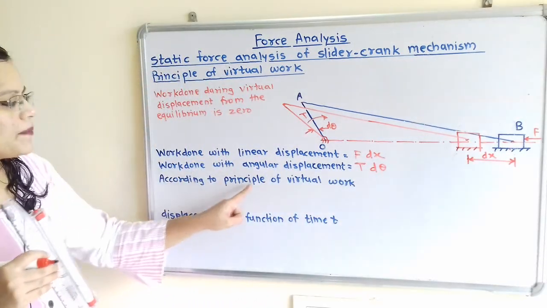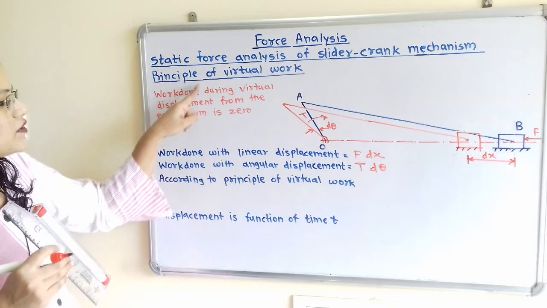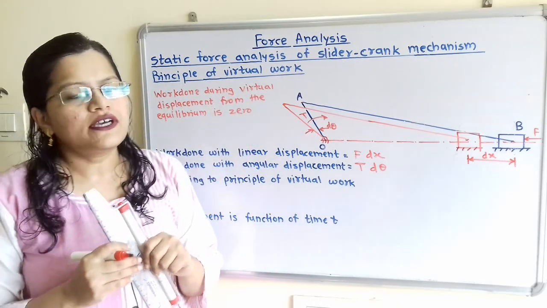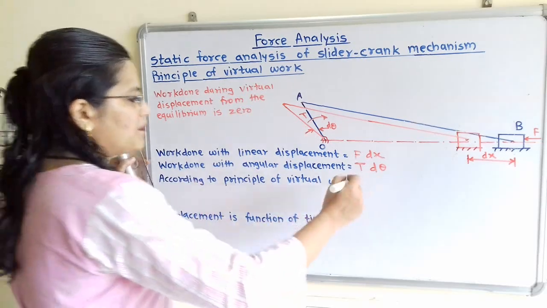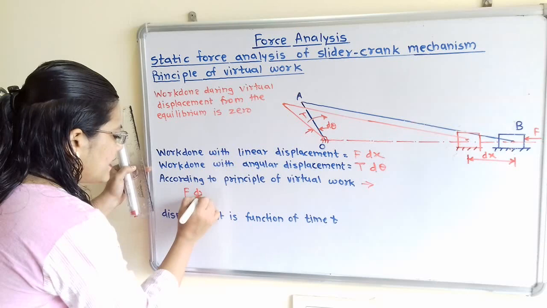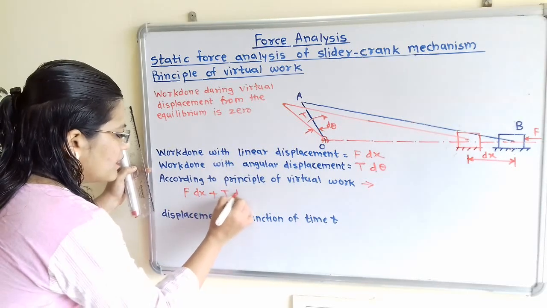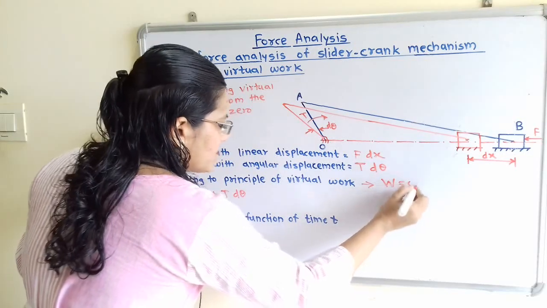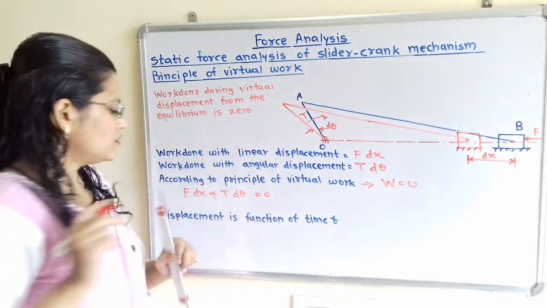Now according to the principle of virtual work, this total work done during virtual displacement is equal to 0. So we should write F dx plus T d theta, that is this total work done, is equal to 0.